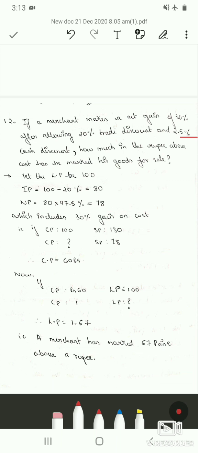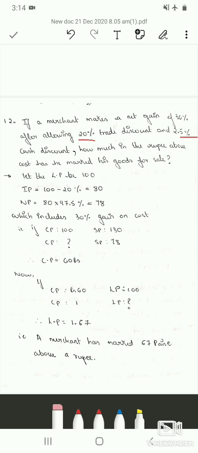Here cash discount is 2.5%, so 2.5% of 80 rupees. Whatever value we get, we will subtract it from 80 to get the net price, or 80 into 97.5, that is 100 minus 2.5 is 97.5. Therefore 80 into 97.5 is 78.